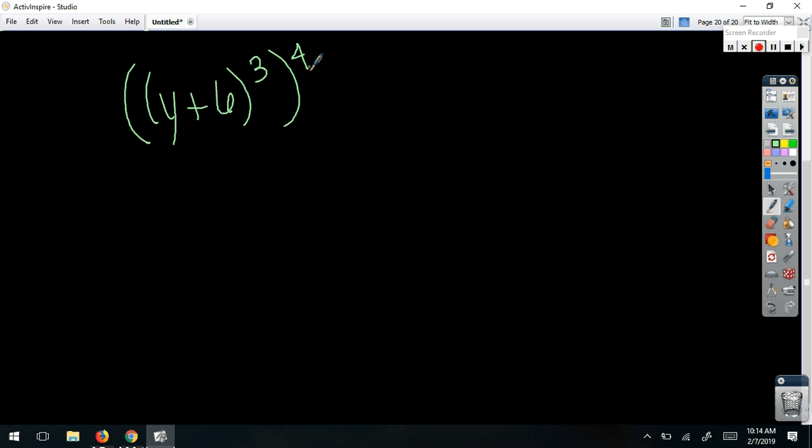Okay, so yes. The first thing that I see is that I've got a power raised to a power, right? So when you have a power raised to another power, that's the third option on your foldable. You have a power raised to a power, what do you do? You multiply, right? So this becomes y plus 6 to the what? 12th power.